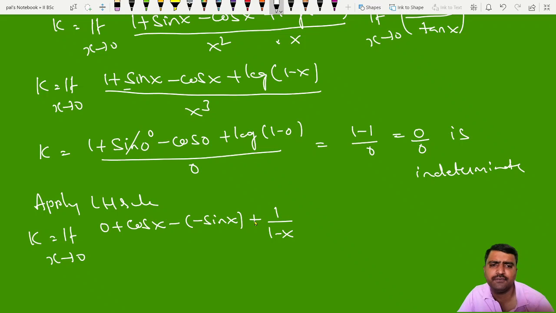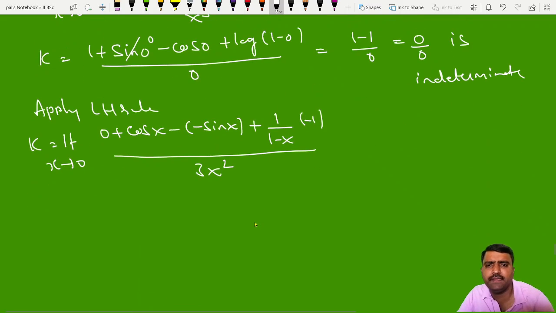Again, differentiation of 1 minus x is minus 1. This whole divided by 3x square. Simplifying this, then you apply the limit.